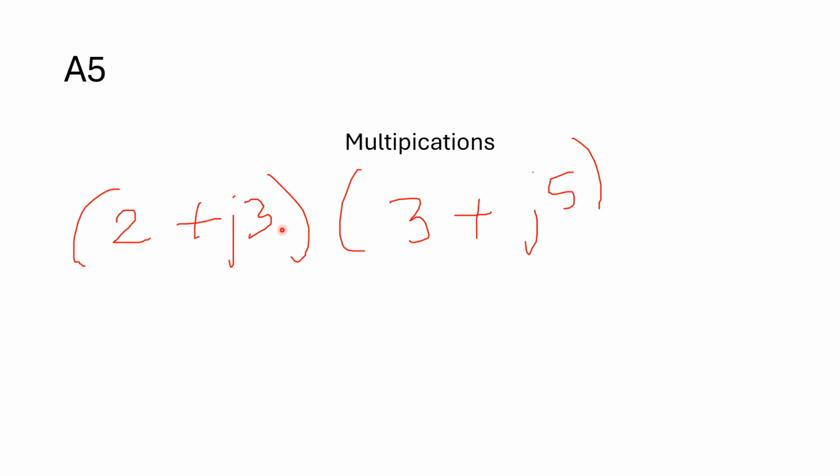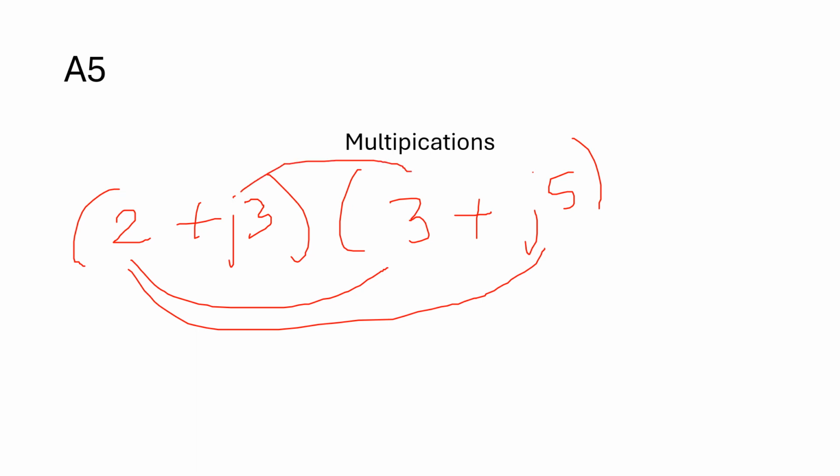You use the FOIL method, or whatever you use. So you just multiply out. The first term will multiply with both terms in the bracket, and then the last term will also multiply with both terms in the bracket. So the answer will be how much?